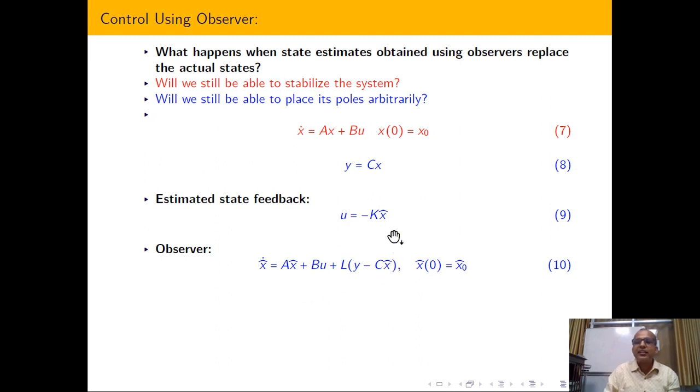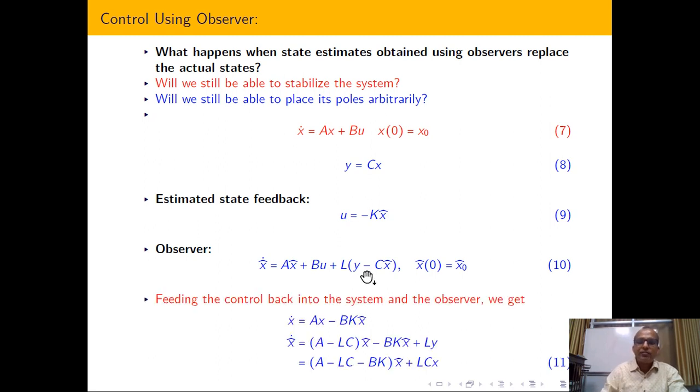If your system state x belongs to R^n, the observer also has the same dimension R^n. So if you design an observer based controller, your system becomes more complex. The order of the system increases by two times, because you already have R^n, but you couple in another dynamical system of the same order, and this L we already understood how to design.